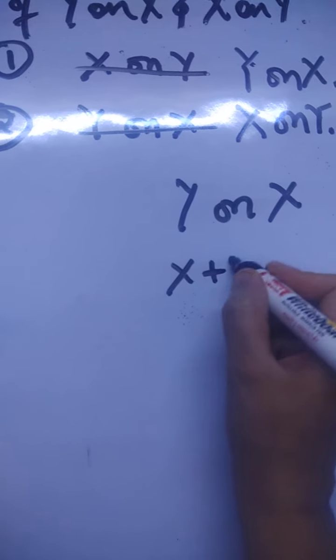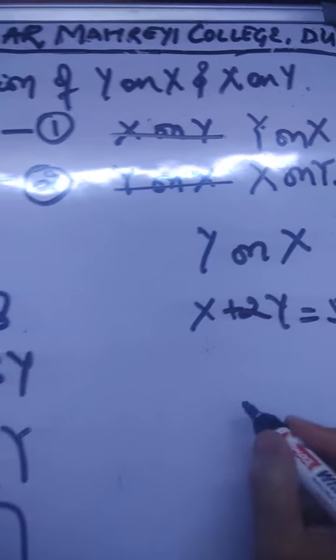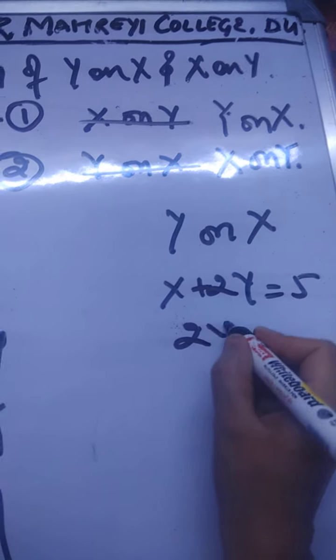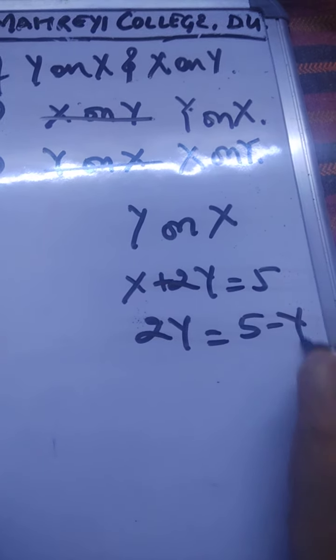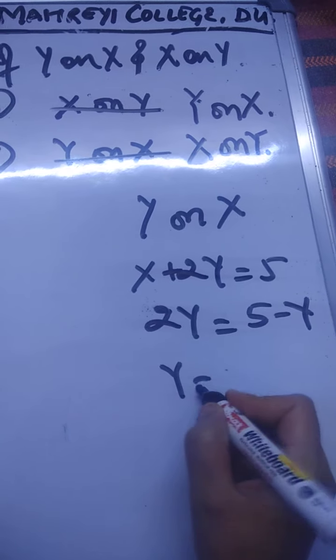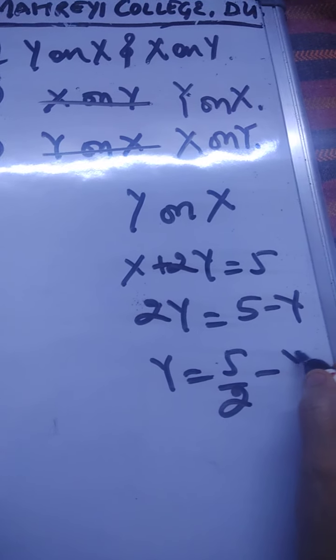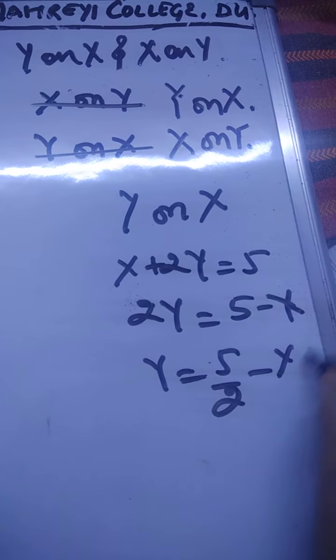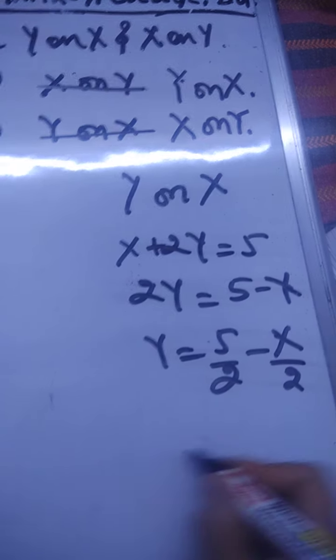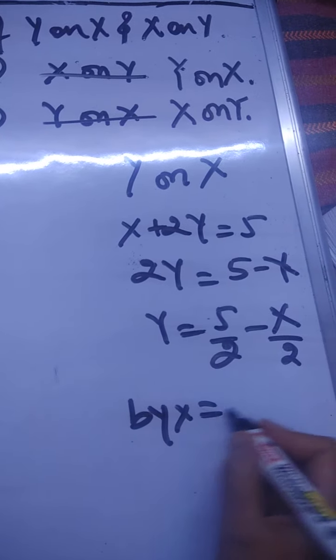For y on x, x plus 2y equals 5, keeping y on one side and x on the other side, y equals 5 by 2 minus x by 2. So byx here is minus 1 by 2.